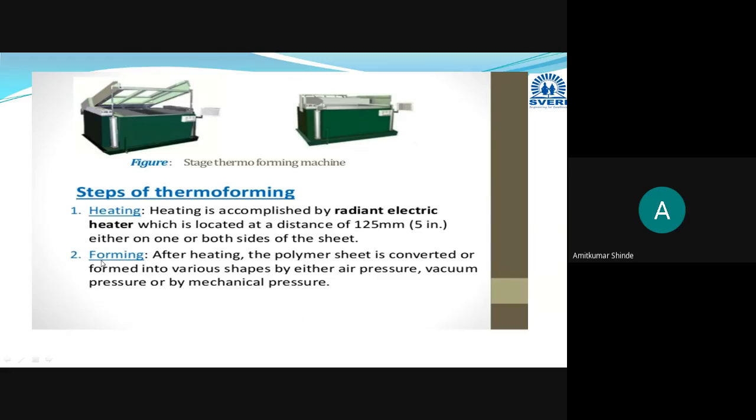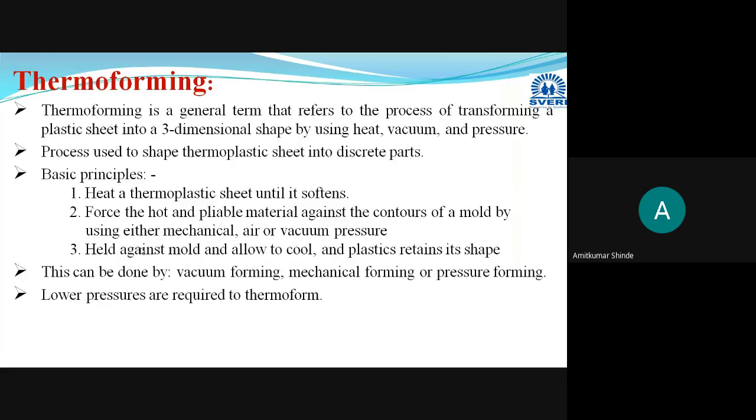After heating, the plastic or polymer material sheet is converted or formed into various shapes, either by air pressure, vacuum pressure, or by mechanical pressure, followed by cooling to get the desired product. So this is the basics of the thermoforming process.